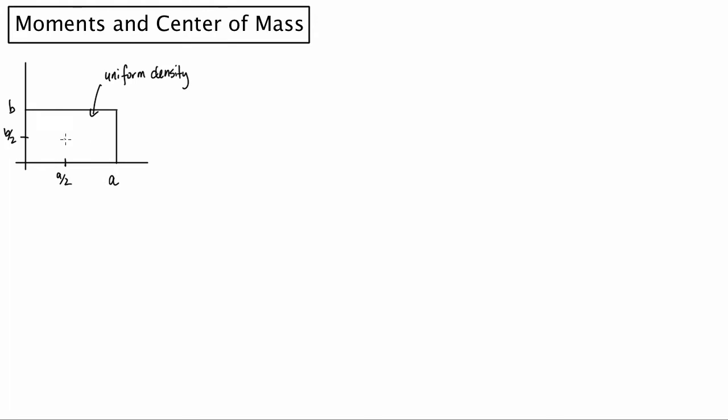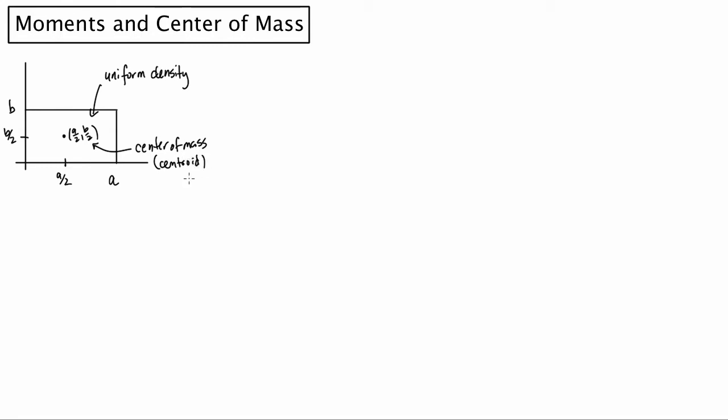And it's very easy to find that center in this case. This would be the point A over 2, B over 2. We would call this point the center of mass for the plate, or a lot of books will call it the centroid.